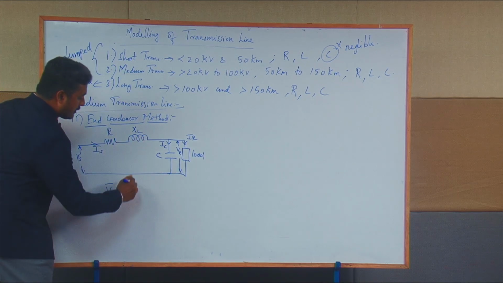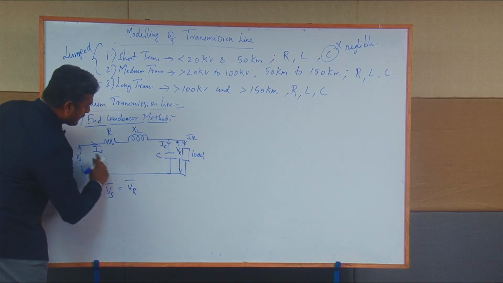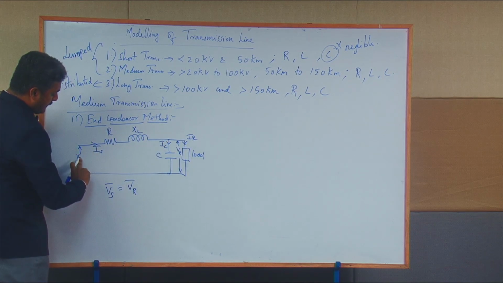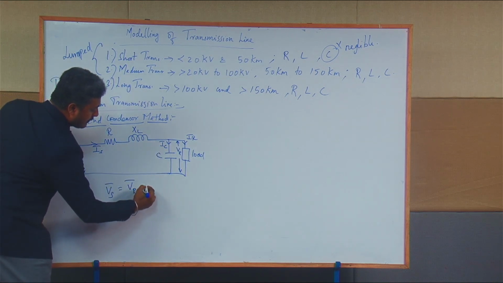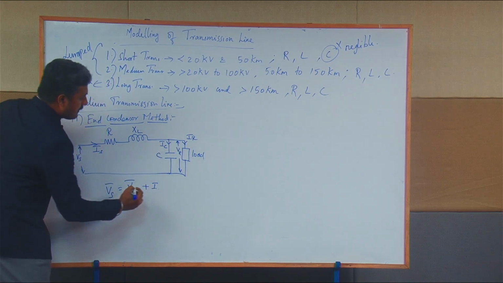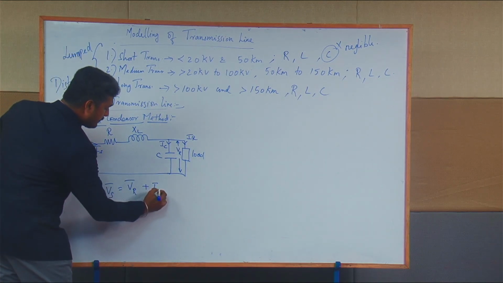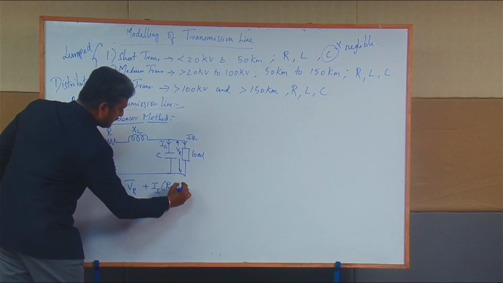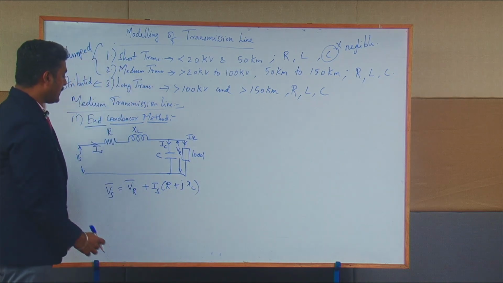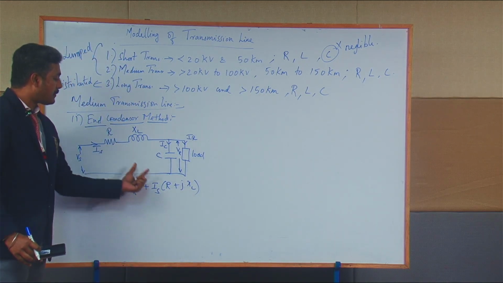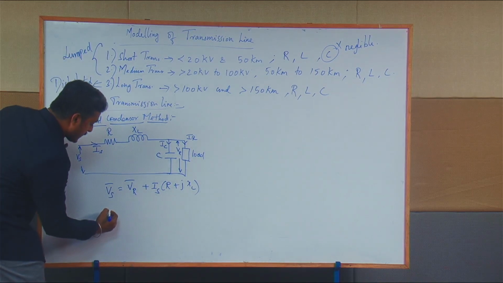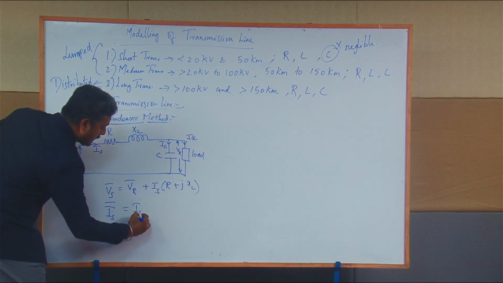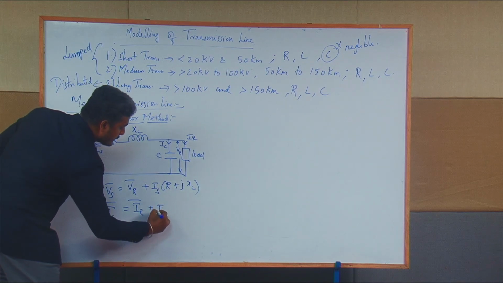Taking a KVL for this loop, Vs vector is equal to Vr vector plus Is into (R plus jXL). Okay, Vr vector plus Is into (R plus jXL), and Is vector is equal to IR vector plus IC vector.